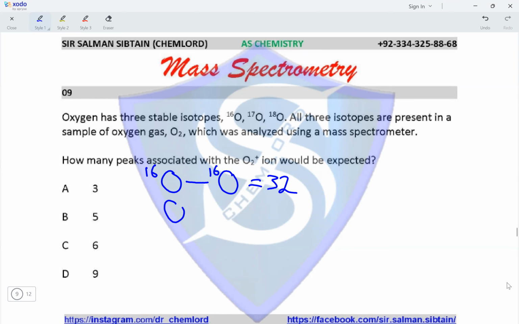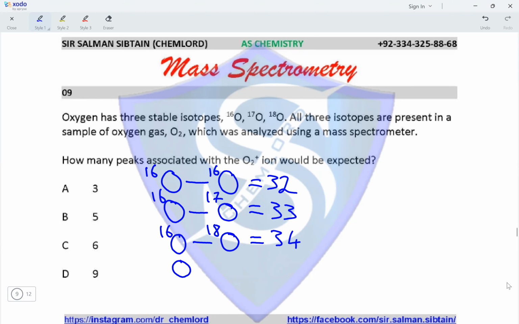A second possibility would have the first isotope being O-16 and the second one being O-17, giving us a mass of 33. A third possibility would be the first isotope being O-16 and the second one being O-18. This gives us a molecular ion mass of 34. Next possibility would be the first one being O-17 and the second one also being O-17.